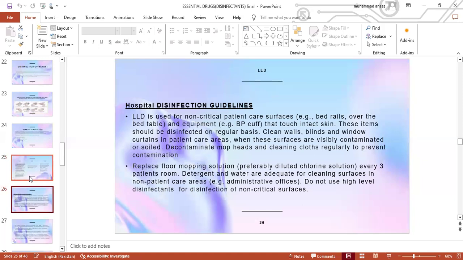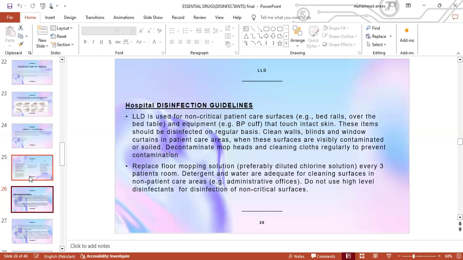There are certain hospital disinfection guidelines or SOPs that must be followed in order to achieve a germ-free hospital. Low-level disinfection is used for non-critical patient care surfaces like bed rails and bed tables, and equipment, for example a BP cuff, that touch intact skin. These items should be disinfected on a regular basis or whenever they are soiled.